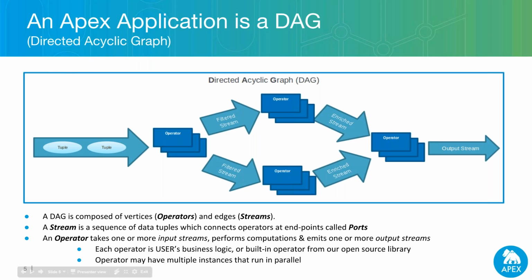Those ends we call ports. Here, an operator takes one or more input streams, performs computation, and emits one or more output streams. Each operator belongs to the Malhar library or is user business logic. An operator may have multiple instances that run in parallel.